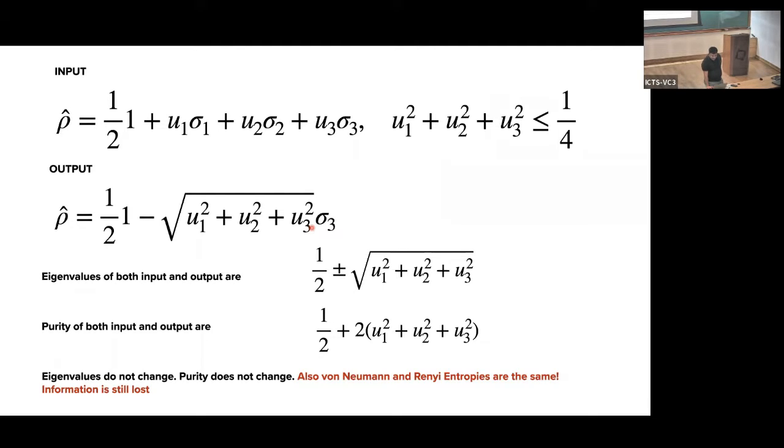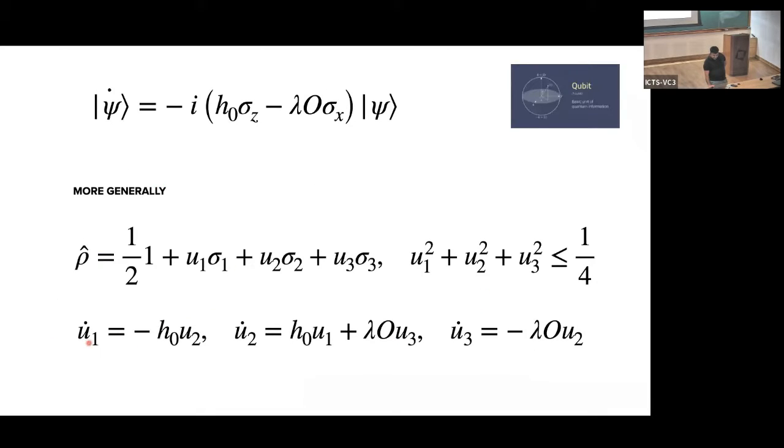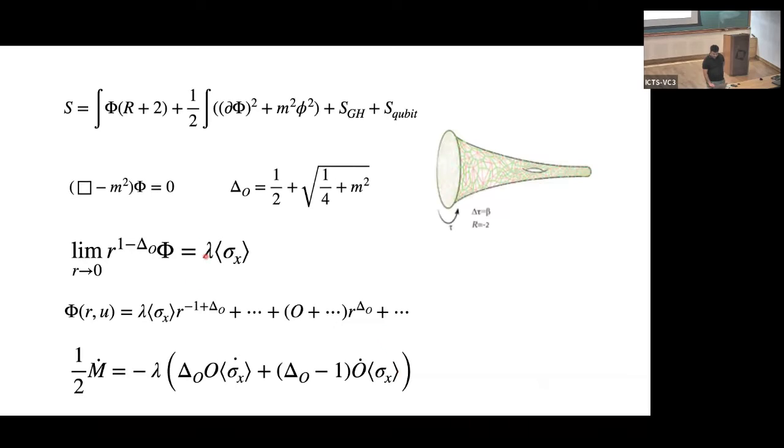The purity is simply trace rho square, that doesn't change. You can already see that U1 square plus U2 square plus U3 square is invariant, because basically it's a state dependent unitary evolution. The evolution is unitary, but it is conditioned by the state itself, because the expectation value of O comes from solving the system. So in a way, it's a nonlinear quantum mechanics map.